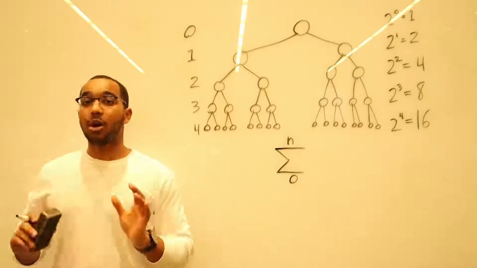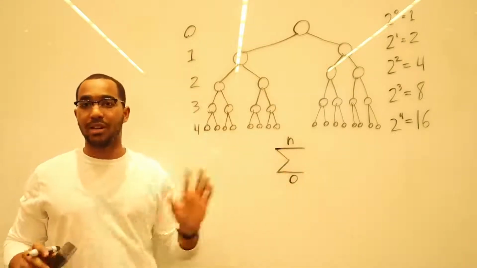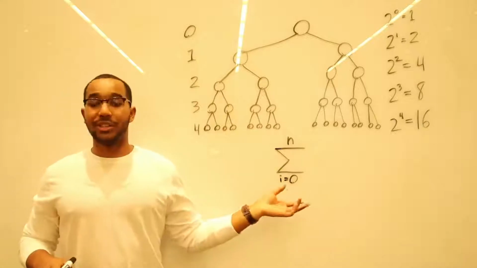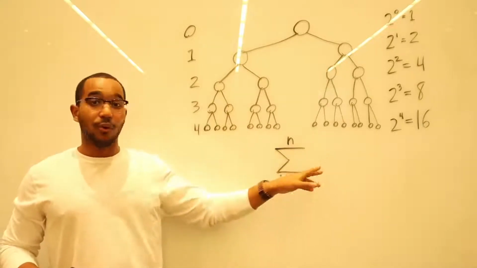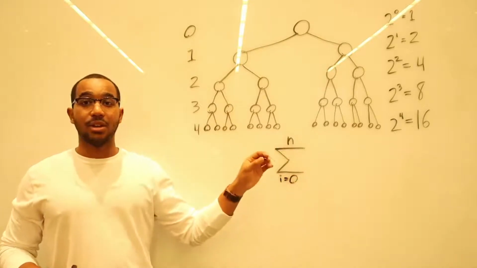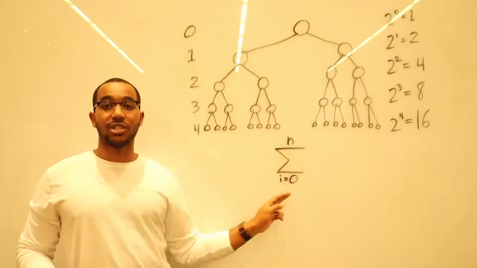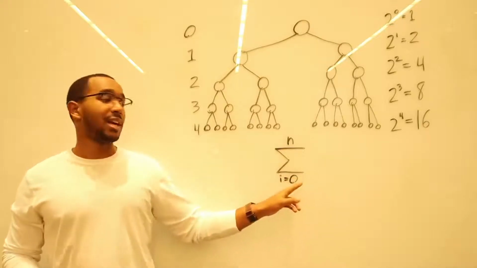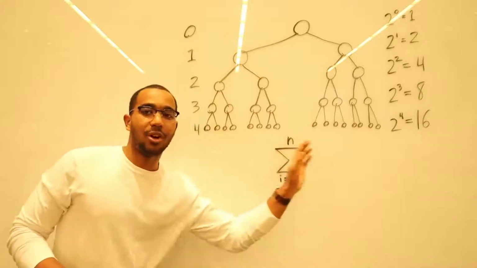So let me write it. All this does is it injects a value into an equation. And I forgot the variable. We inject this variable i into the equation for values 0 to n. So I inject i as 0, I inject i as 1, I inject i as 2, inject i as 3, and finally at the end I'll inject i as n, and I take the sum of all of those quantities.